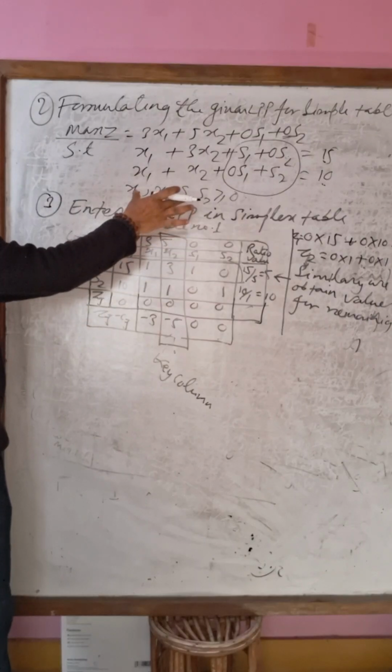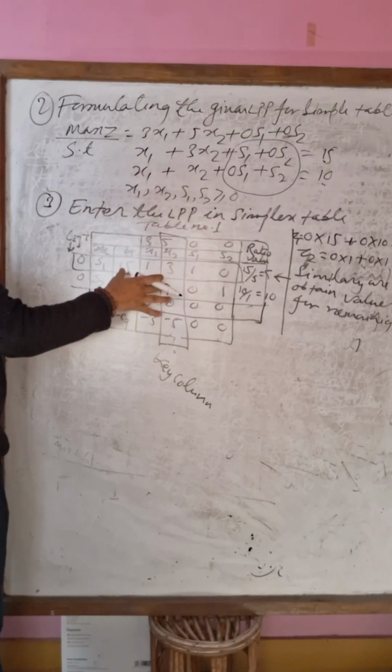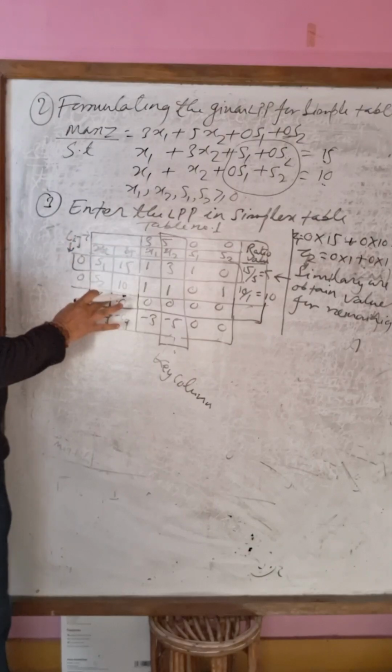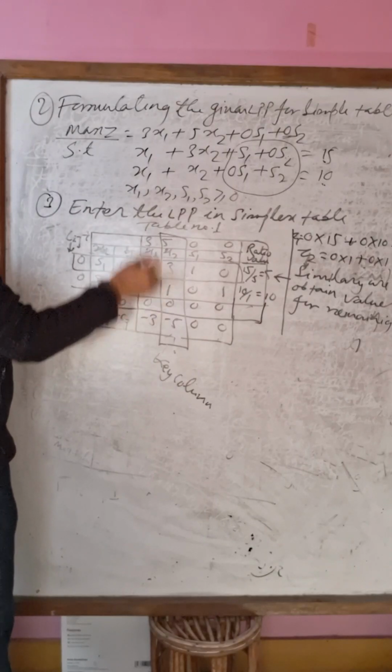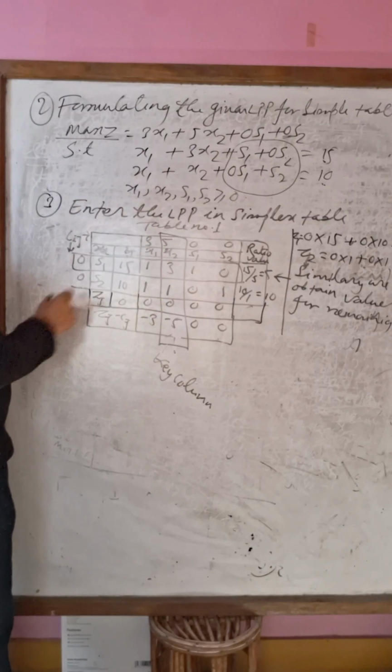Now, all the work in table number 1 is finished, and we need to form another table, table number 2.